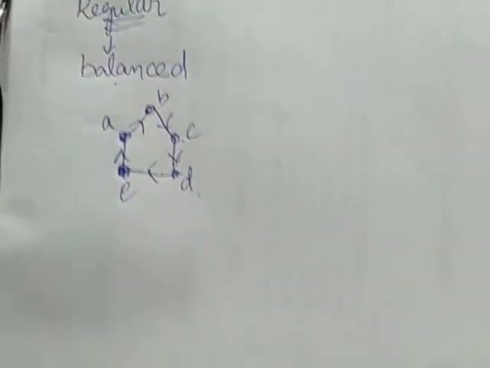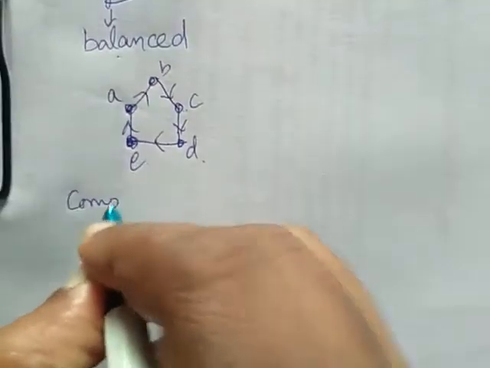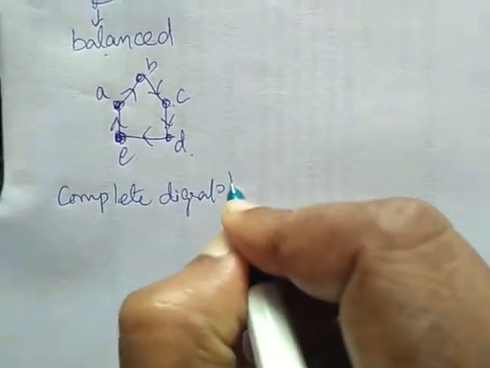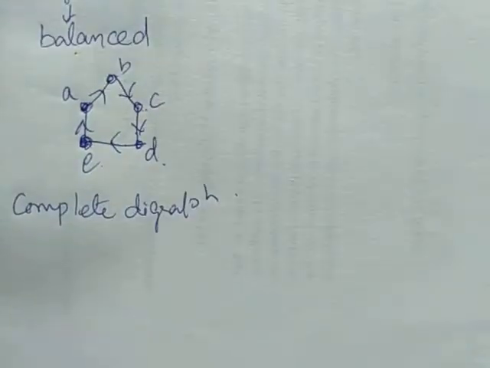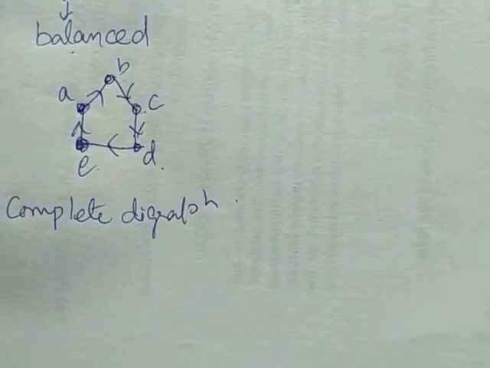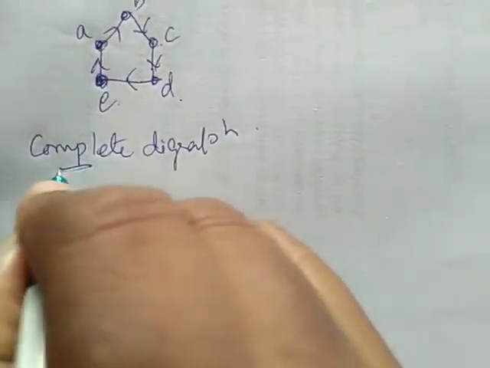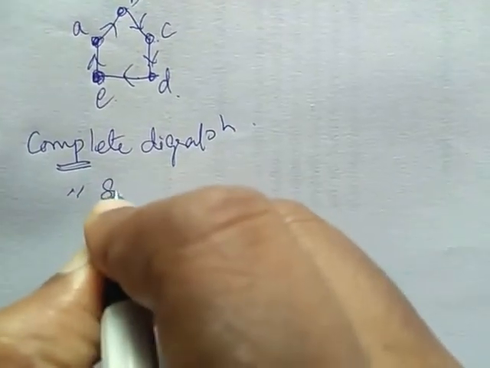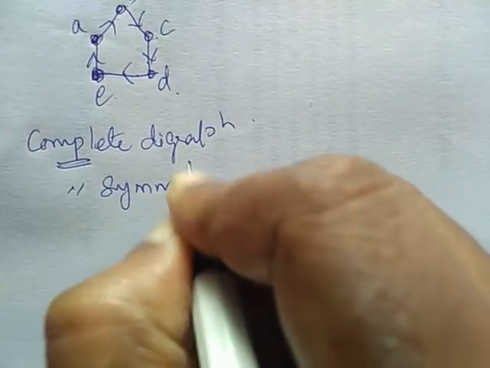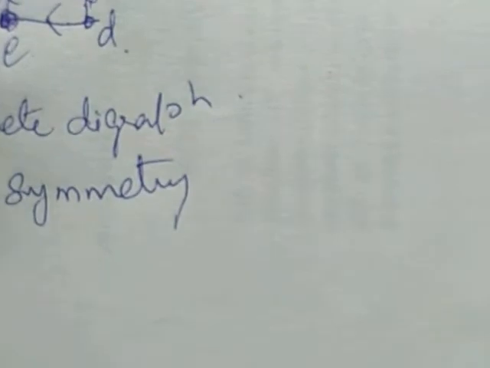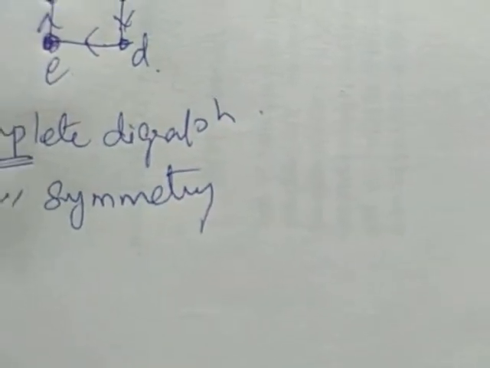Next one, complete digraph. There are two types of complete digraph. First one, complete symmetric digraph. We know what is a symmetric graph and we know what is a complete graph also.